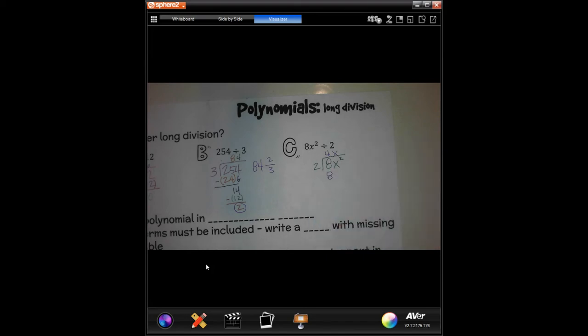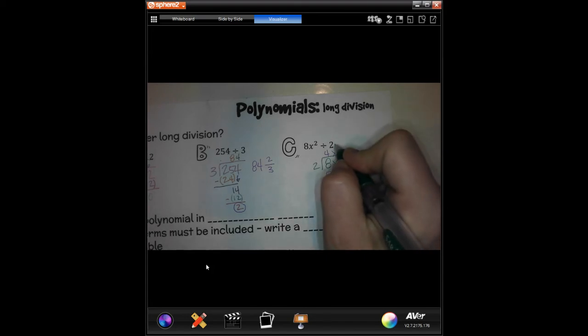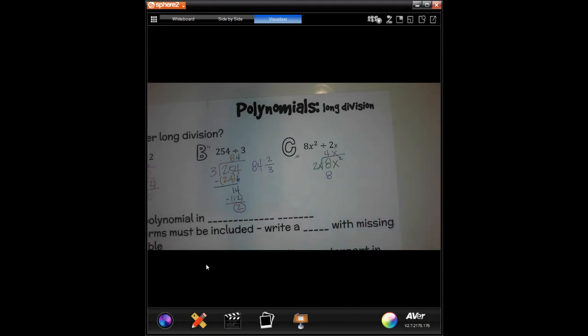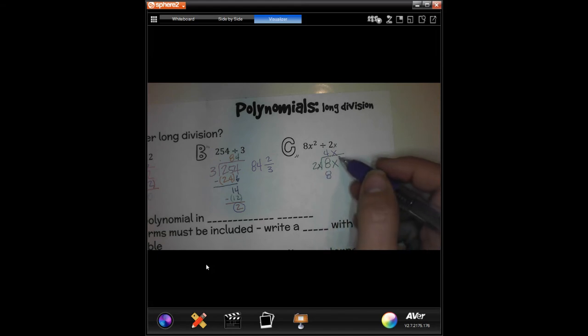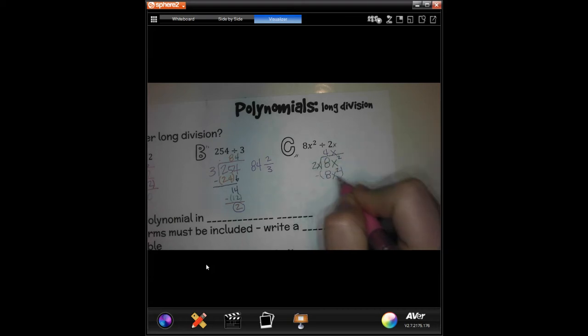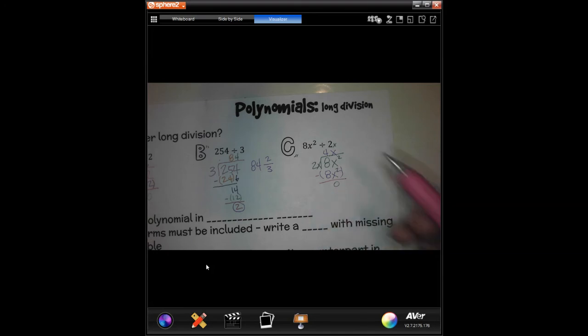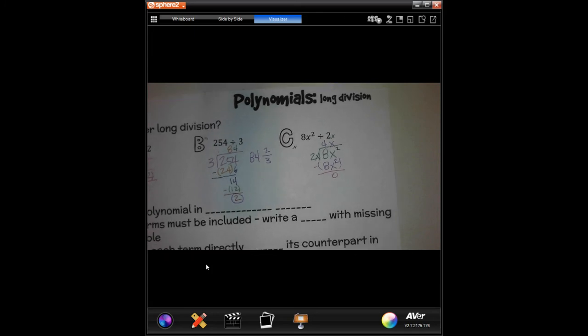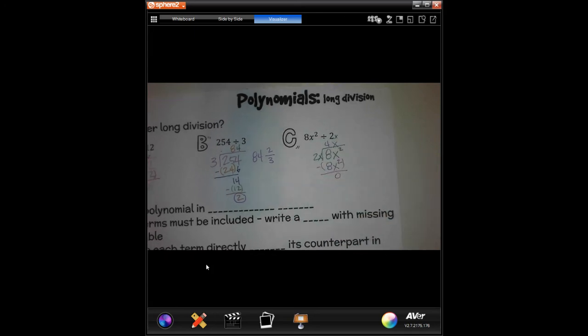Oh, I think this was supposed to have an x here. I should have done the numbers first. Anyways, x times x is x squared. We would still take the opposite. 8x squared minus 8x squared is 0. There's no remainder. The point of this one is to show you that you can divide out ones with variables.